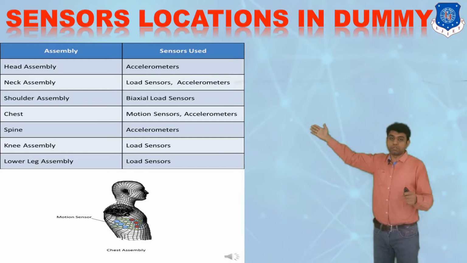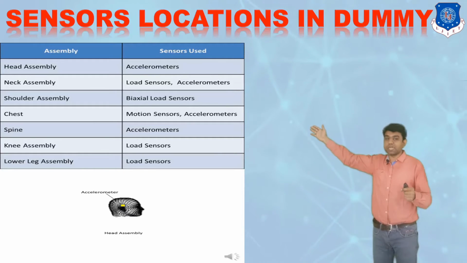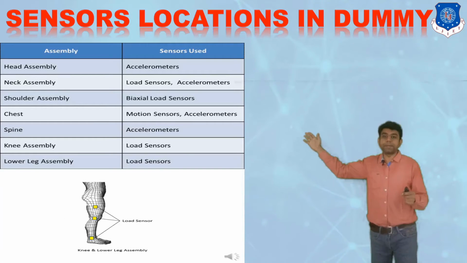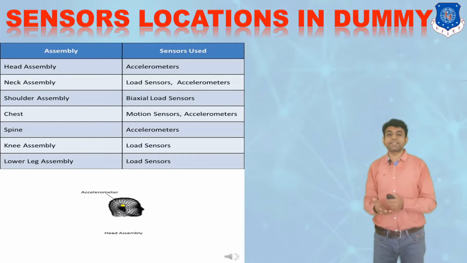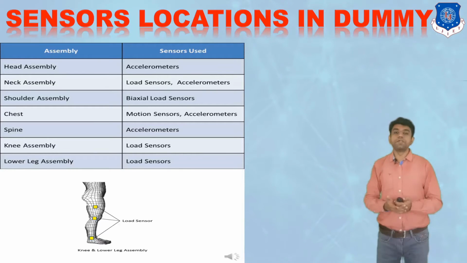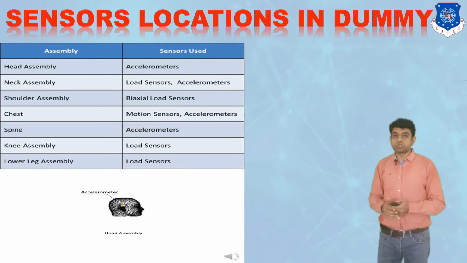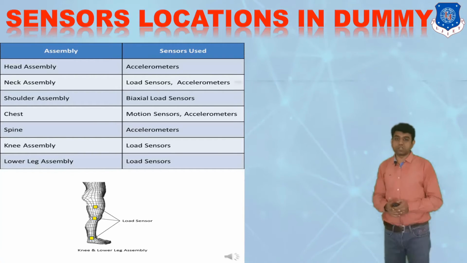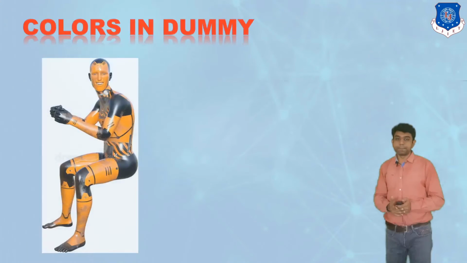At the chest we keep the motion sensor as well as the accelerometers. At the spine we keep the accelerometer. At the knee assembly we keep the load sensors, and in the lower leg assembly we again keep the load sensors. So at different locations we keep these three different sensors in the dummy.